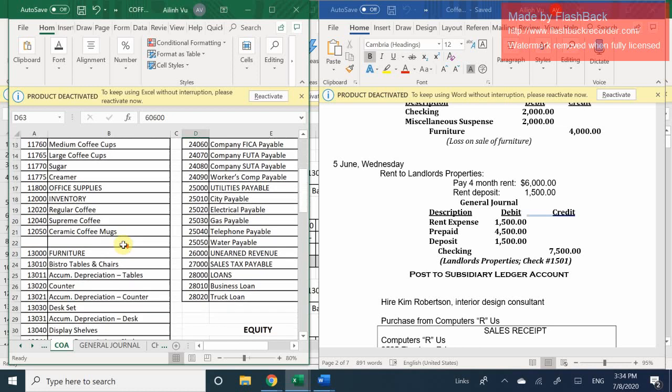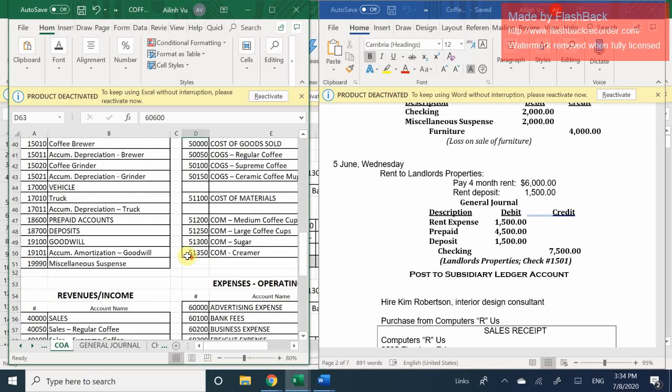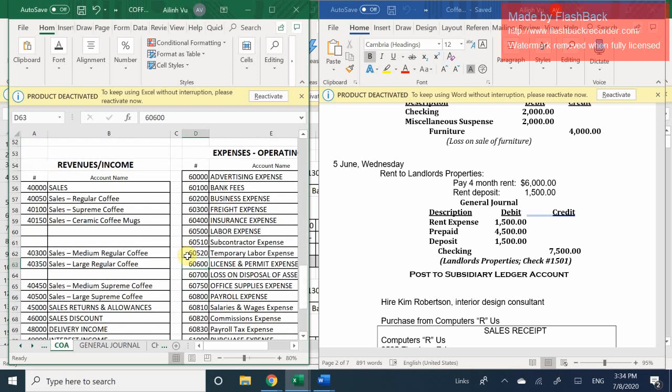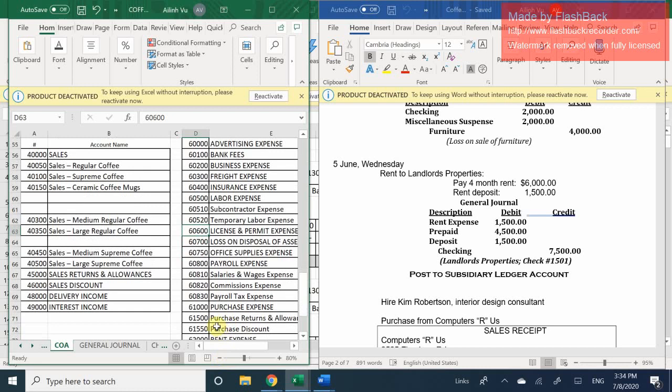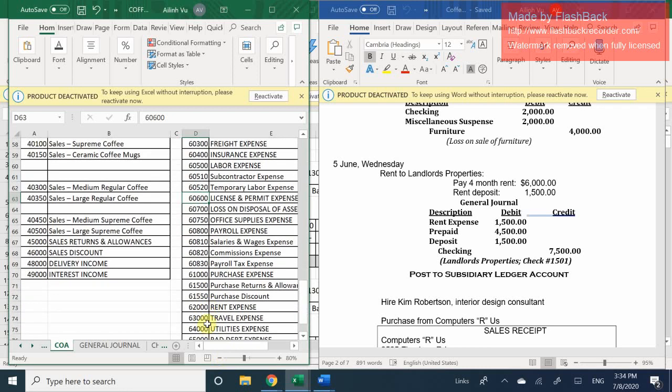Let me see. My rent expense is going to be, I'm looking. Oh, expenses are on the other page. Rent expense is, where the heck is it? It's 6,200. 62,000 is my rent expense.